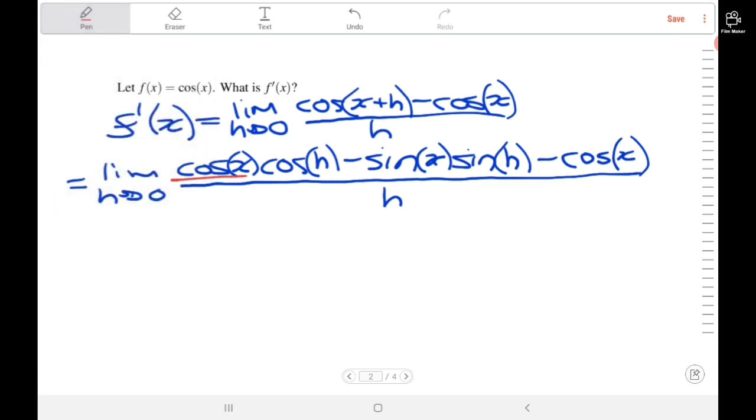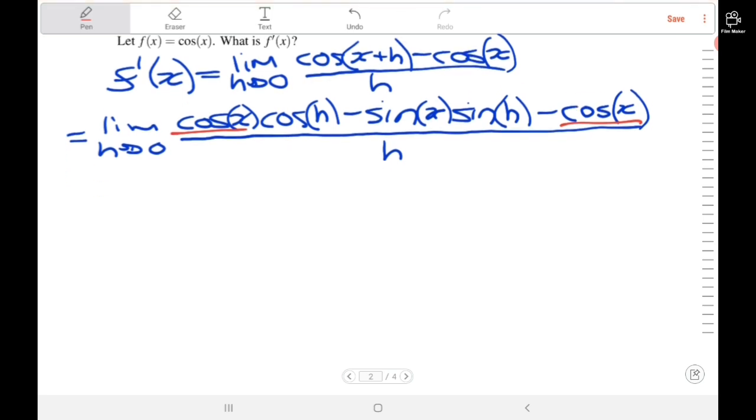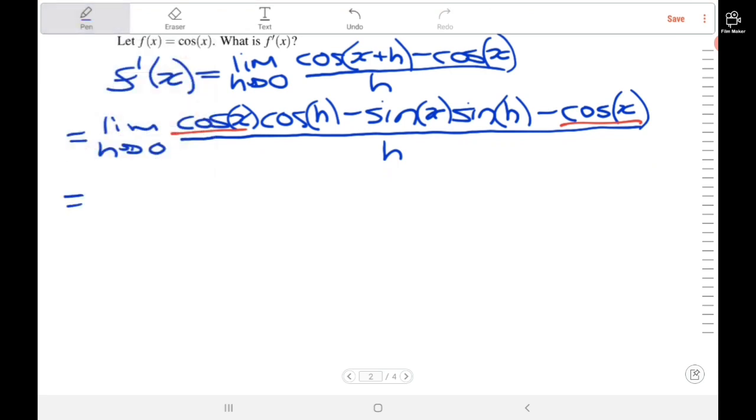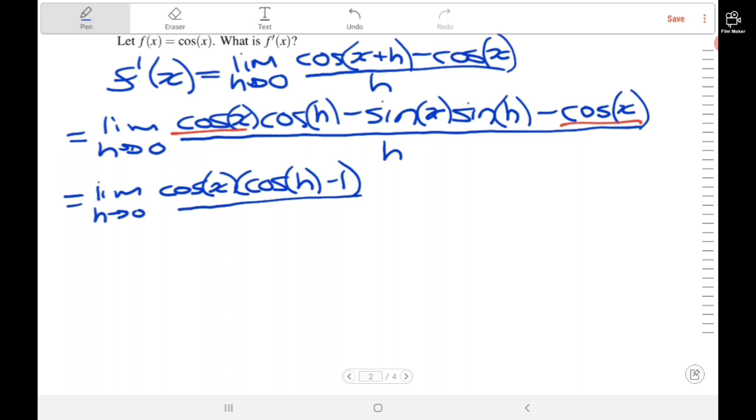Now you'll see we have two terms that involve the cosine of x, so we can group these together. So that gives us cosine x times cosine h minus 1 divided by h.